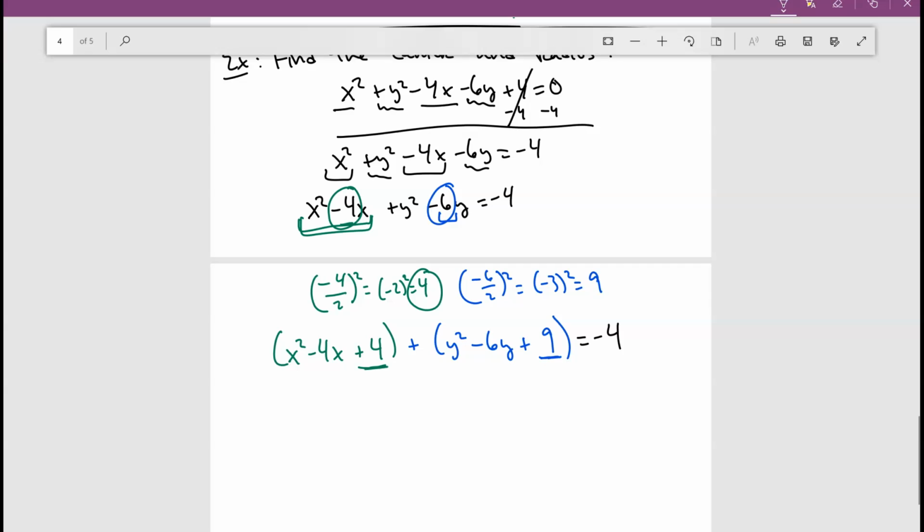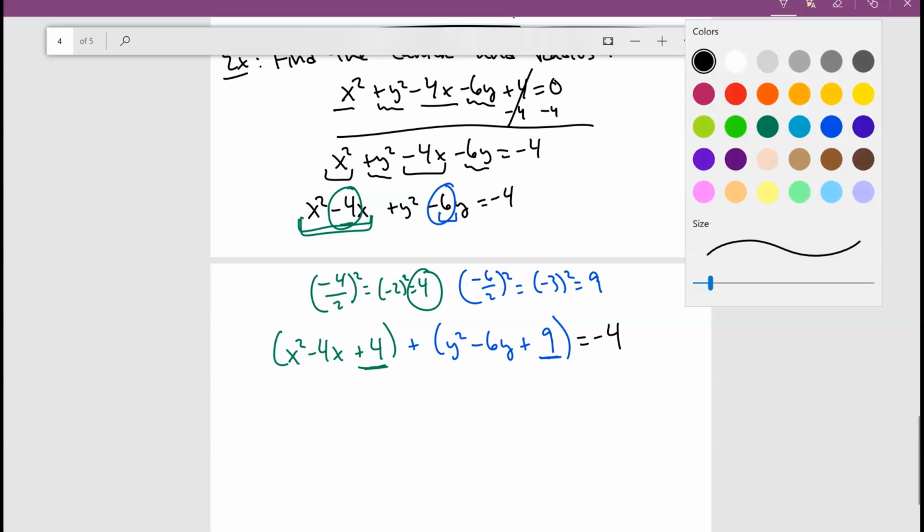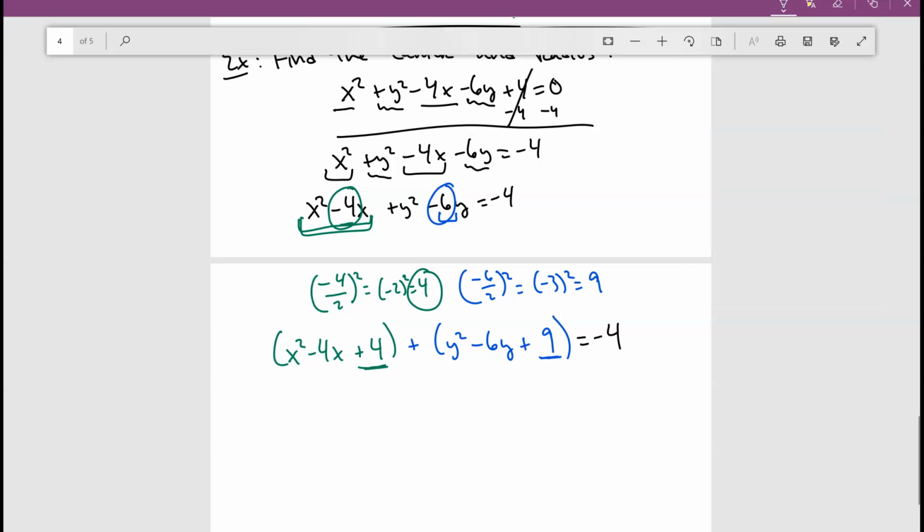Now I can't just add a 4 and add a 9 just because. If I do it on this side, I also have to do it on the other side. Remember when we did completing the square, you add 4 and then subtract 4. But what I'm going to do is add the 4 over here, so this 4 that I added on this side, I have to do on the other side, plus 4. And this plus 9 that I added here, I'm going to add over here, plus 9.